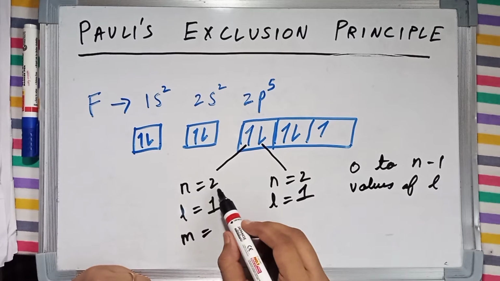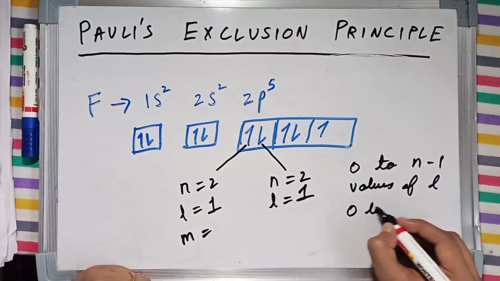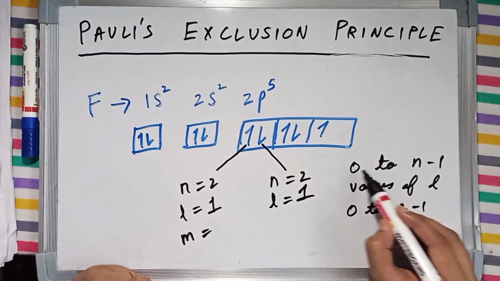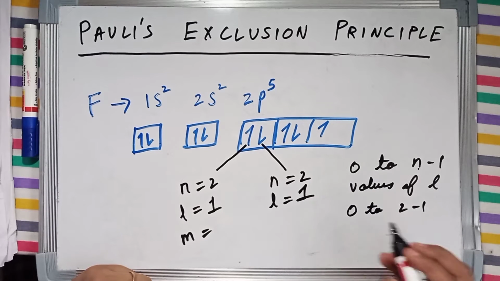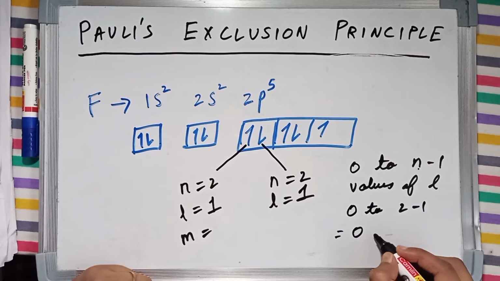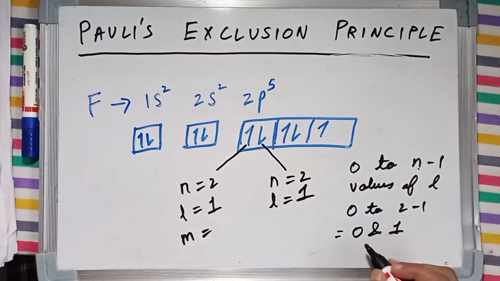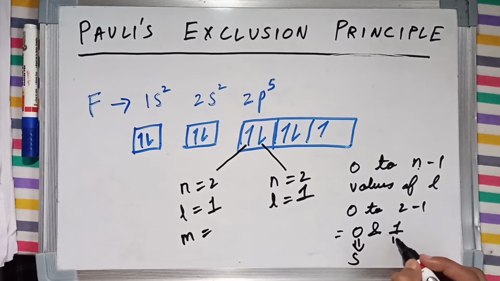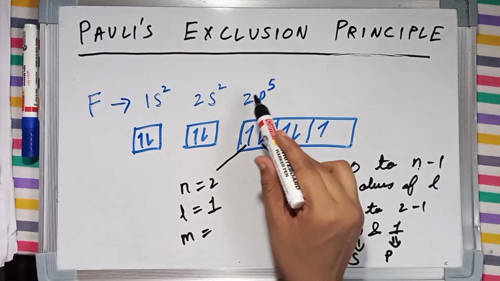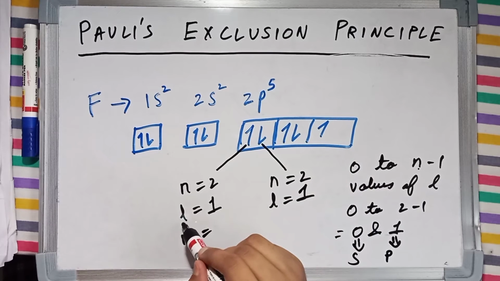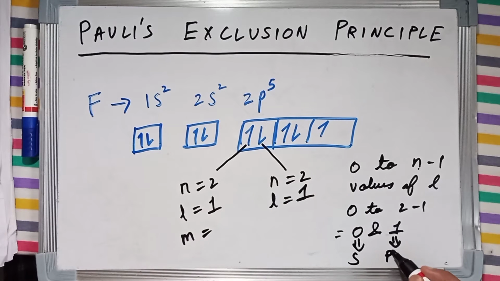So the value of n here is 2, so 0 to 2 minus 1, which gives us 0 and 1. Okay, so this 0 represents the s subshell and 1 represents the p subshell. So we had a p subshell, so we wrote the value of l as 1. Okay, and similarly here also.